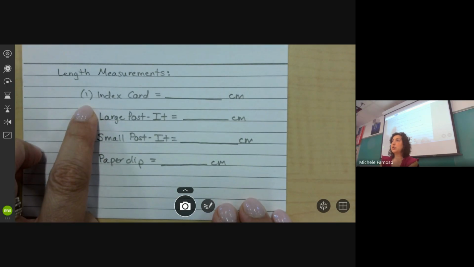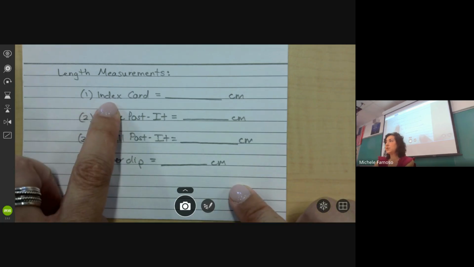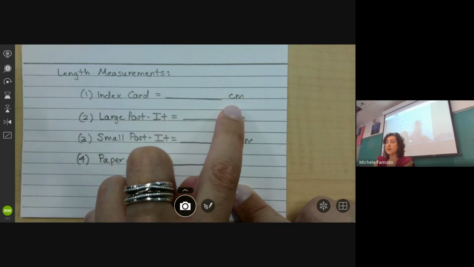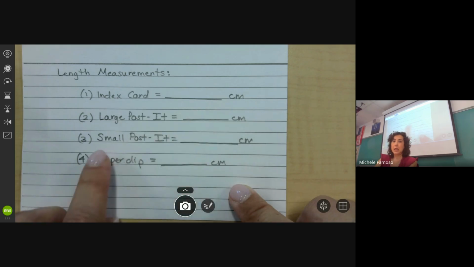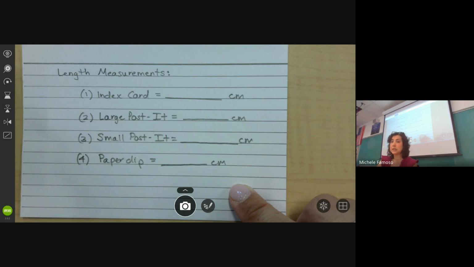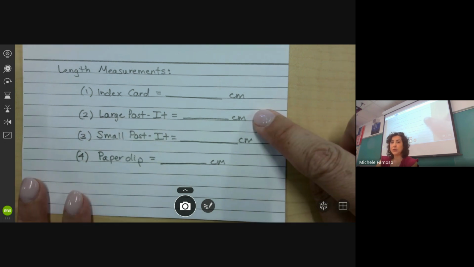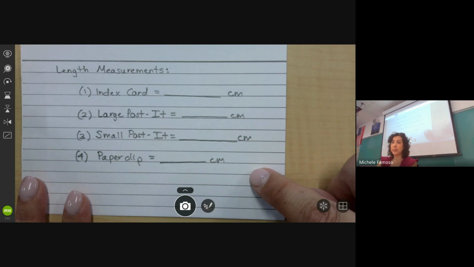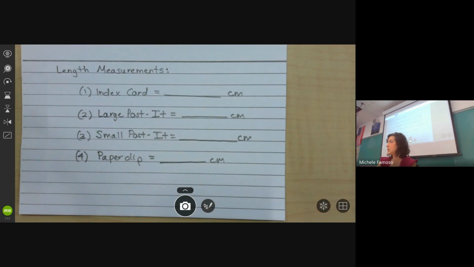So the first measurement would be for the length of the index card I just gave you in centimeters. You can put a blank with the centimeters after it. The next item you're going to measure the length of is the large Post-it, again in centimeters. The third is the small Post-it in centimeters. And the fourth is the paper clip in centimeters. You're going to put it right on the back of the index card.